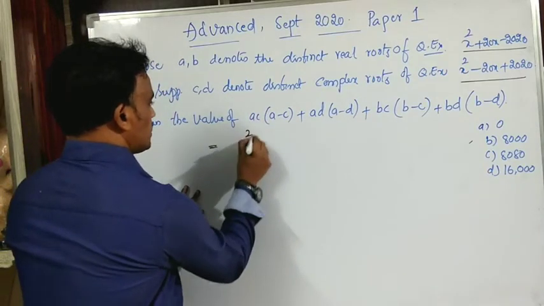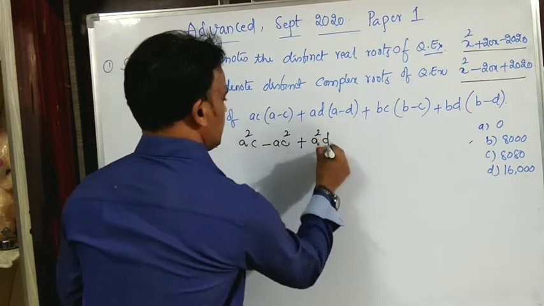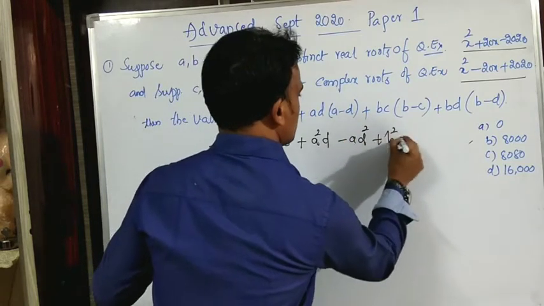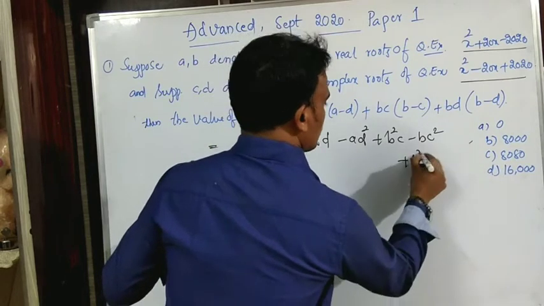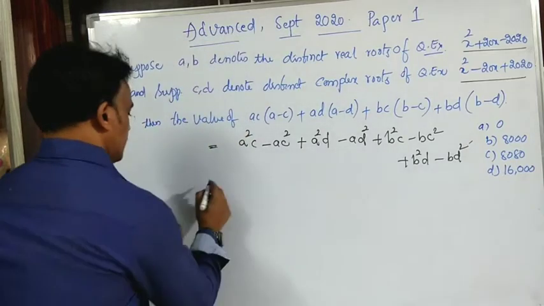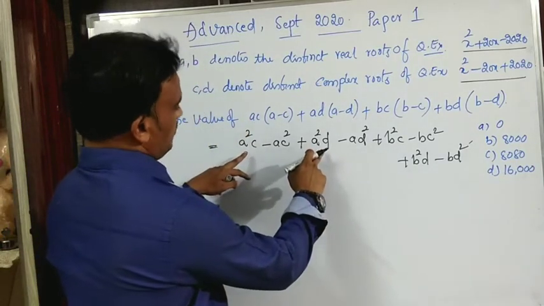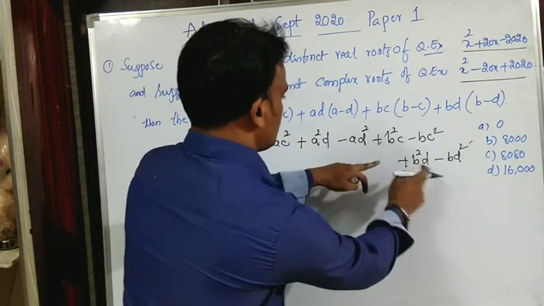The expression is a square c minus a c square plus a square d minus a d square plus b square c minus b c square plus b square d minus b d square. From this we can take a square common: a square of (c plus d), and here b square of (c plus d).